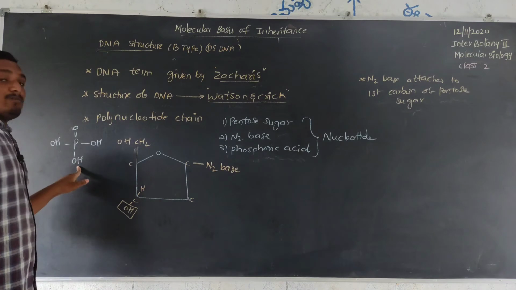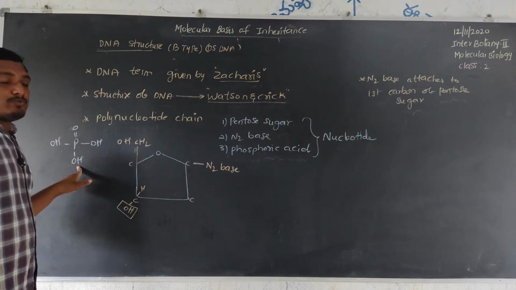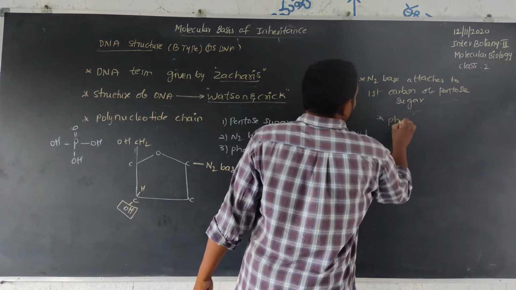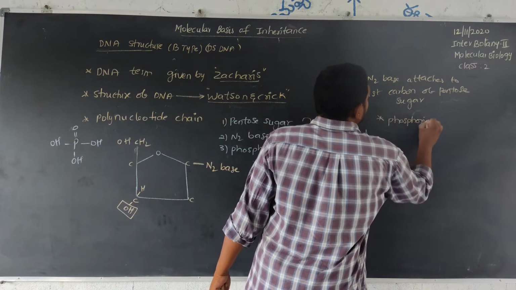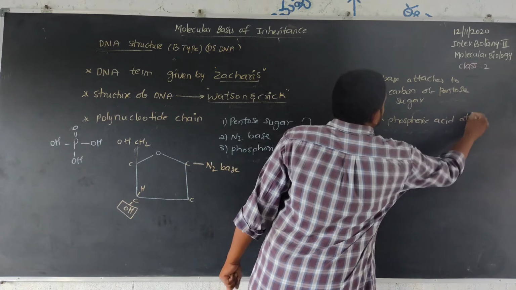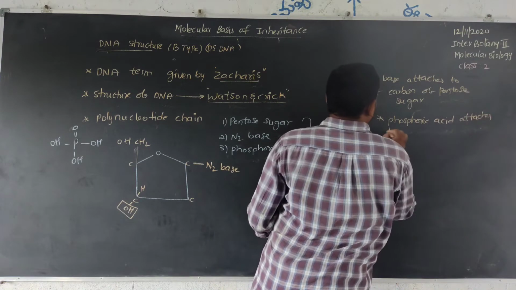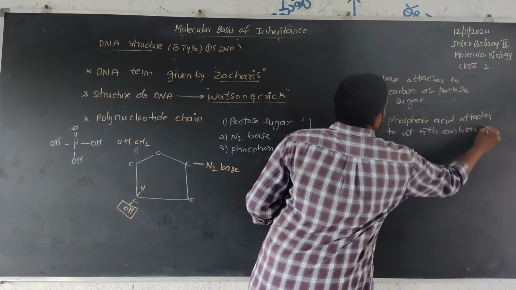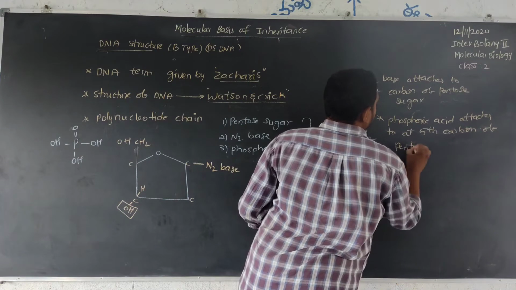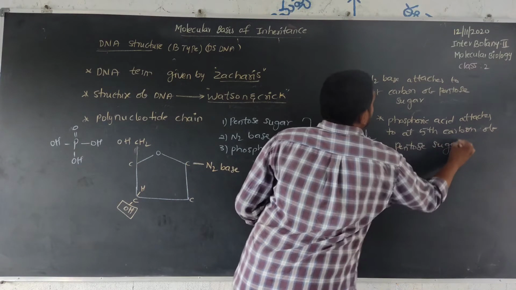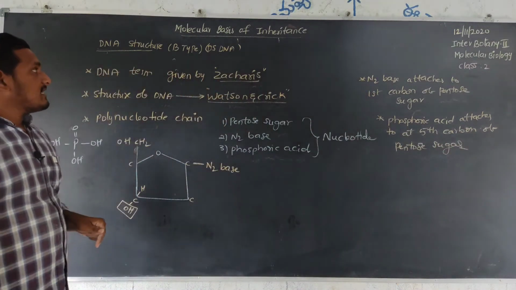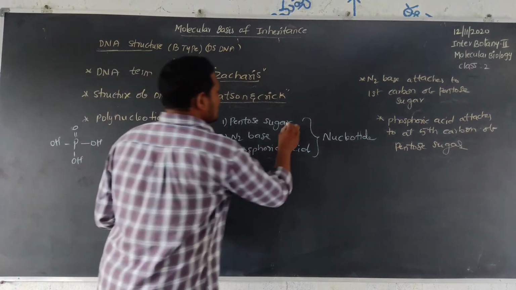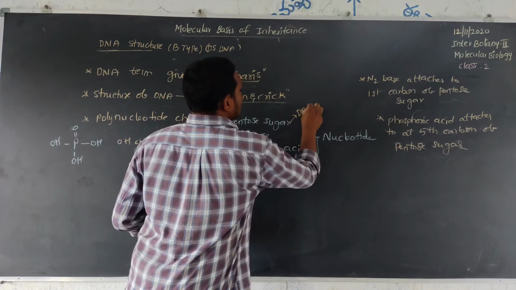Next, the phosphoric acid or phosphate group is attached at the fifth carbon of the pentose sugar. In this case, the pentose sugar is deoxyribose sugar. So this is deoxyribose sugar.